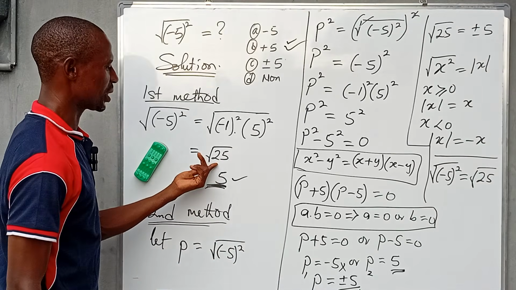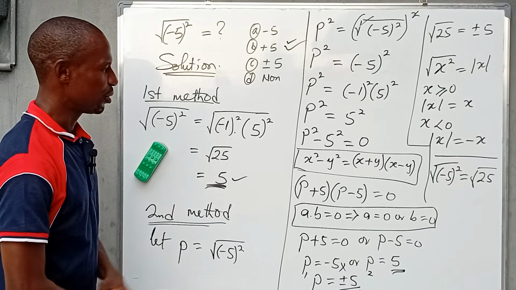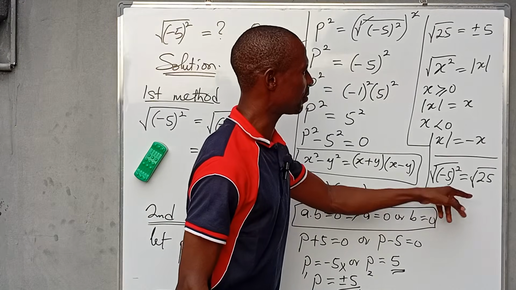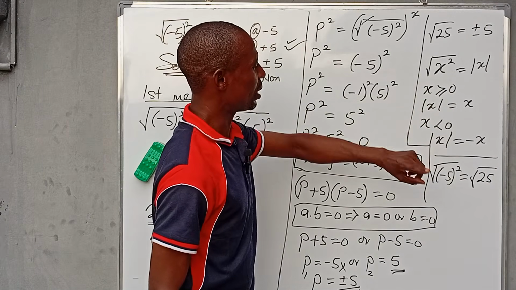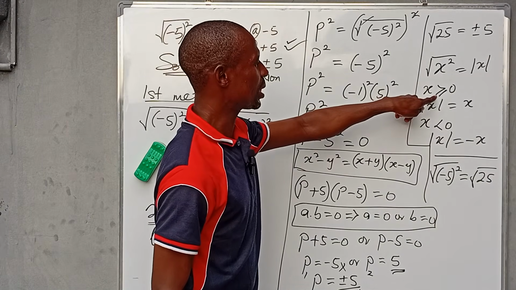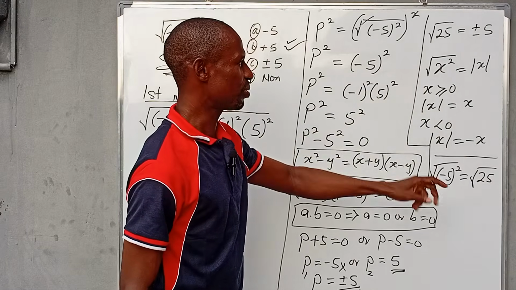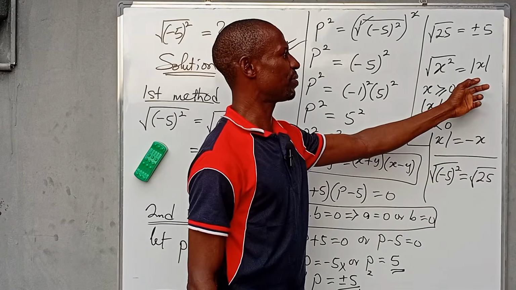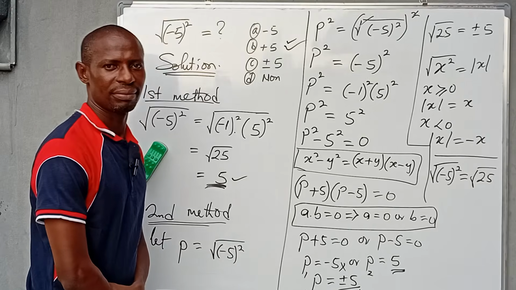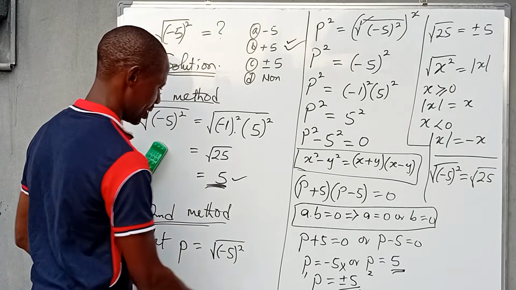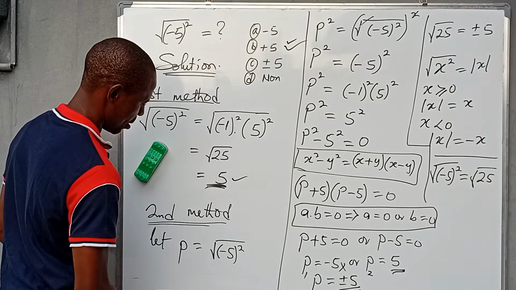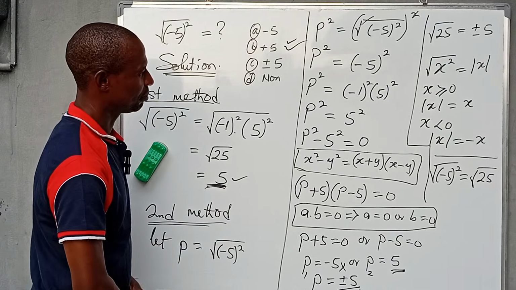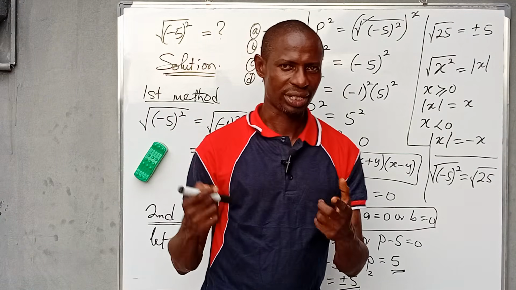So here we have positive 25, right? So since we have positive 25, we now have our x greater than or equal to 0. And so the absolute value of it is going to give us our positive answer, which is 5 here.